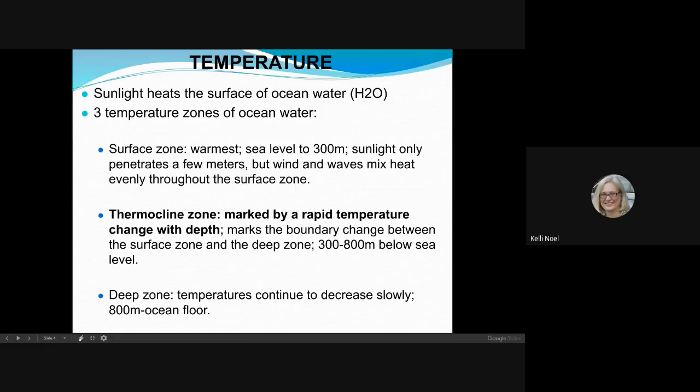Then the thermocline cools off very rapidly. And then you've got a slower cooling in the deep zone. Everybody got blanks filled in that section through deep zone? Temperatures for the deep zone continue to decrease slowly.